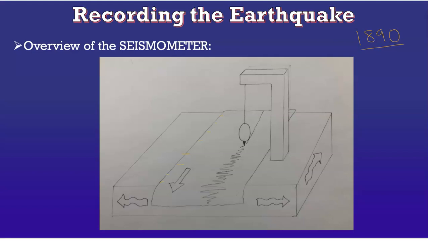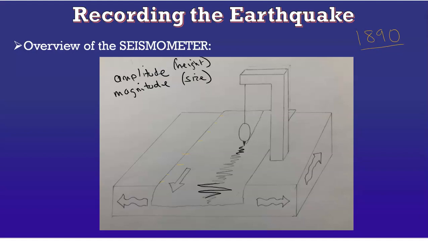So the larger the vibrations, the more the pen is going to move on the paper, which would show the scientists the amplitude of the earthquake, which is the amount of energy that's going to cause the magnitude, which is basically the size. The amplitude is the height of the shaking, and it's seen by small heights versus the larger heights over here.